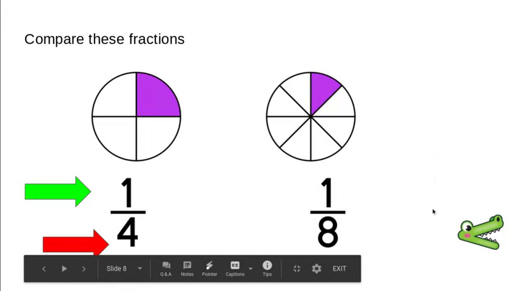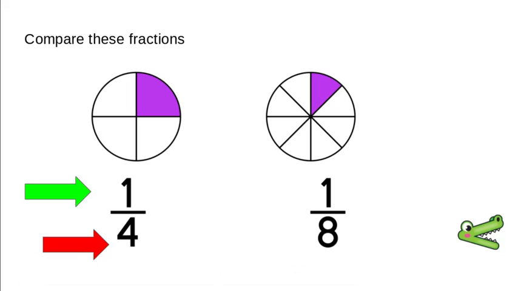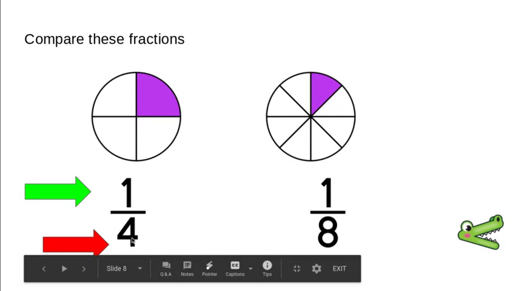All right, so let's look. Well, let's look at our denominator. 4/8. Oh, I have a red arrow. Because guess what, friends? It's not the same. So it's not as easy as it was before. But I know that if I have 4 friends or have 8 friends, with 4 friends, the pieces would be bigger. So let me look at my numerator.